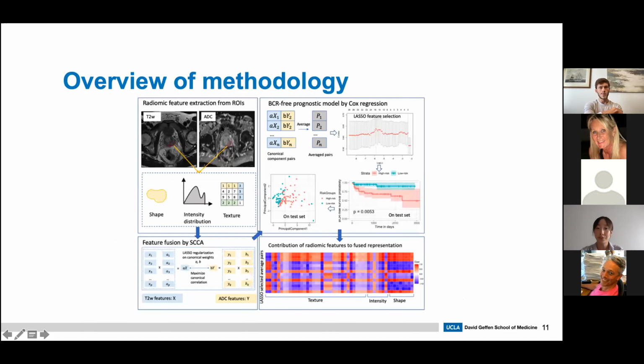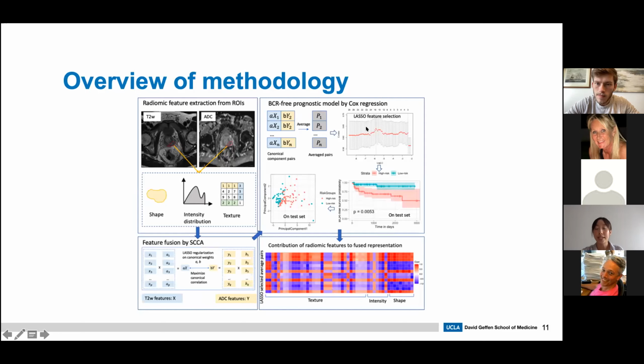Here's an overview of our method. Firstly, we extract the radiomic features from the annotated regions, and then we use the SCCA to fuse them together. And then we develop a prognostic model to predict the biochemical recurrence-free survival by Cox proportional hazards regression using a lasso feature selection.